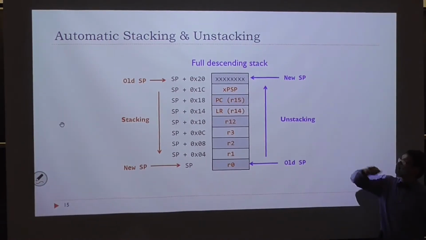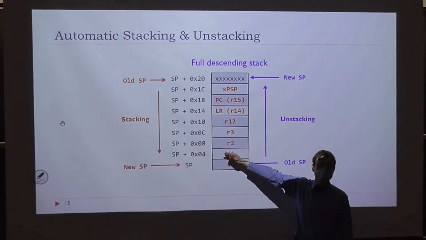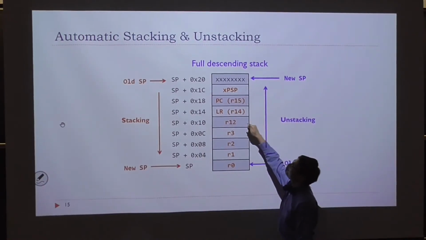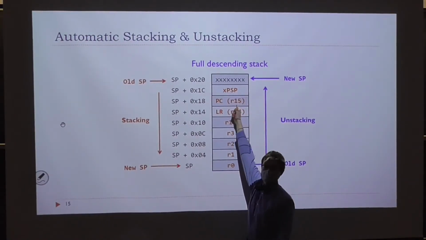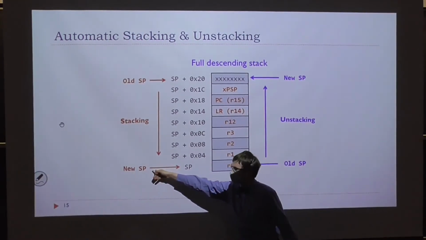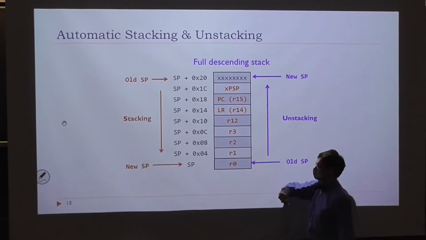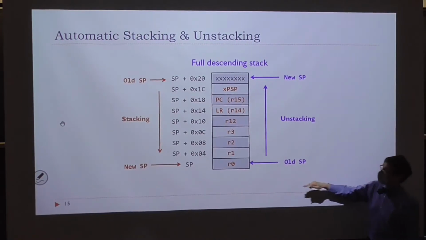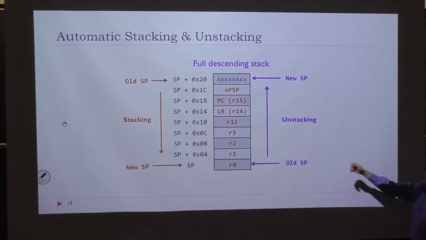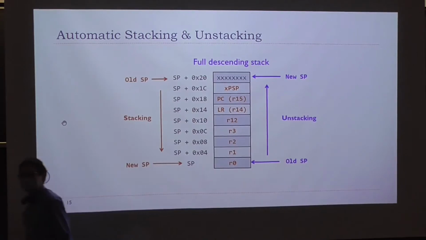When we stack our existing register information onto the stack, we start off at the old stack pointer. We load all of the data we need. The stack pointer now becomes the address of this memory cell. During unstacking, we take each of these things out, load them back into their respective registers, and return to our old stack pointer value. Cool?